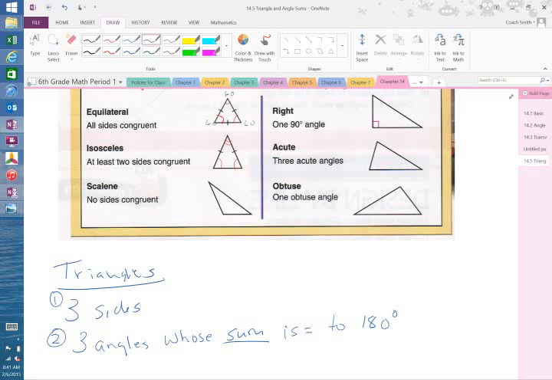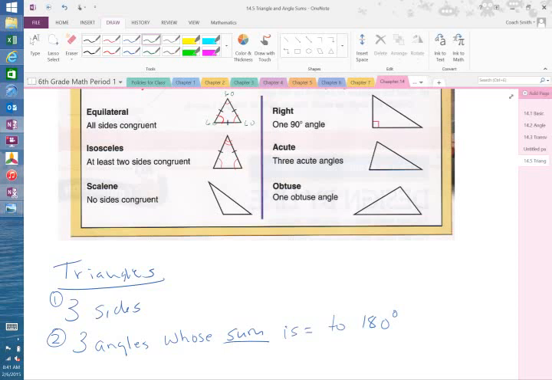Now, on an isosceles triangle, just two of the angles have to be the same. So that could be a different deal. An equilateral triangle is an isosceles triangle as well. I said it backwards.